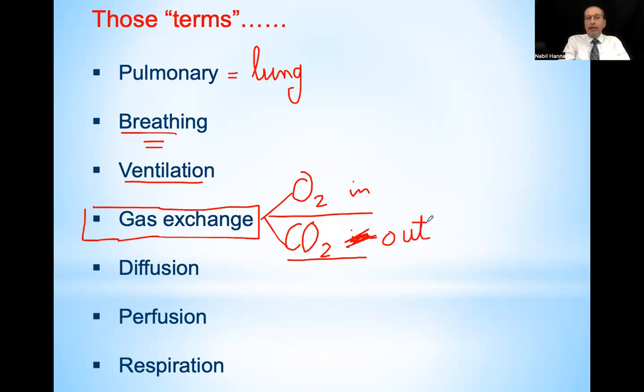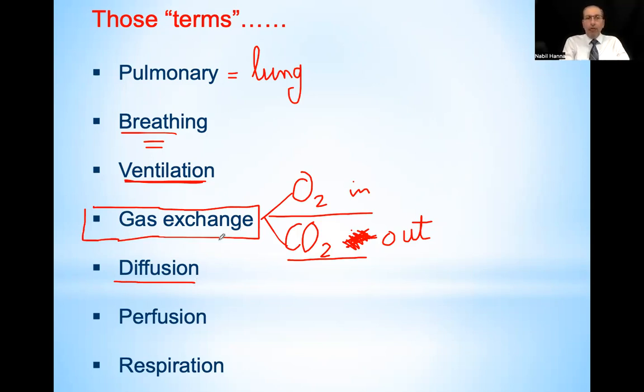If the lung fails to get carbon dioxide out, again, that's respiratory failure, and we call it ventilatory failure. Why? Because the major mechanism by which the lung can get carbon dioxide out is ventilation. And the physical principle that controls gas exchange is known as diffusion.